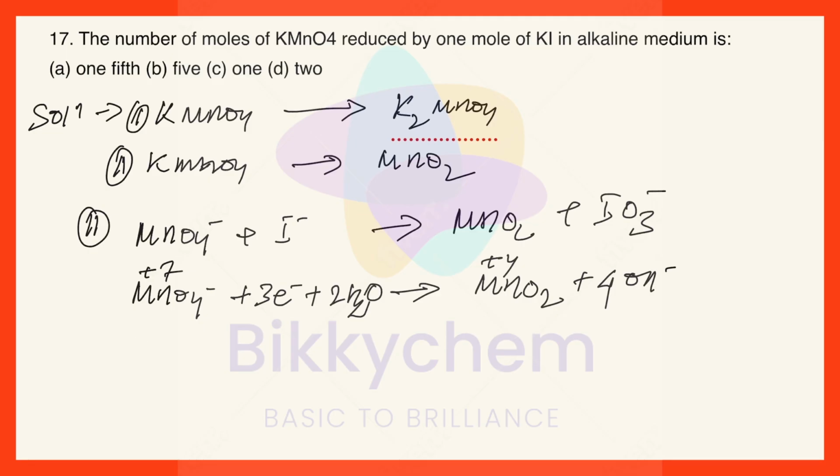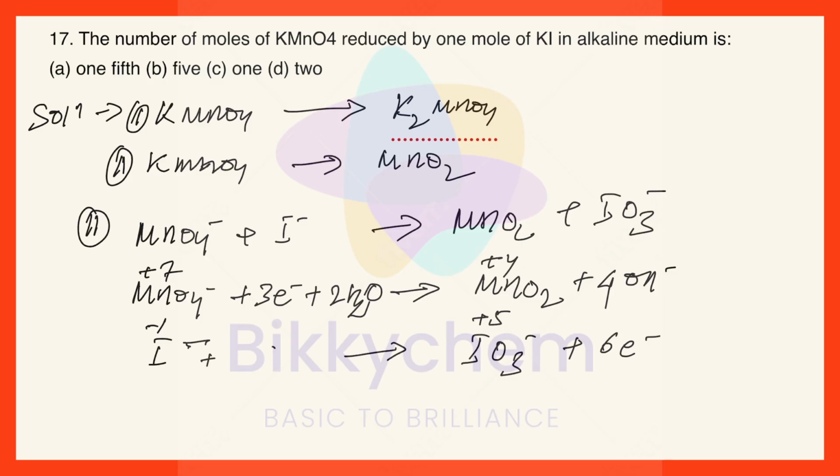Then another one is the I minus, it's converted into IO3 minus. So this is minus 1, this is 5, so there is a difference of 6 electrons.